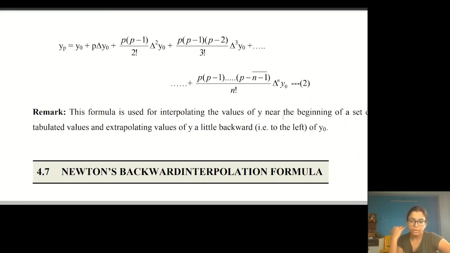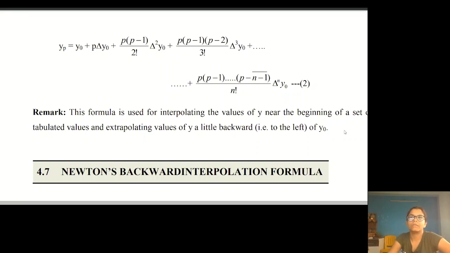So always remember, forward interpolation is used for the beginning and backward is used for the ending.